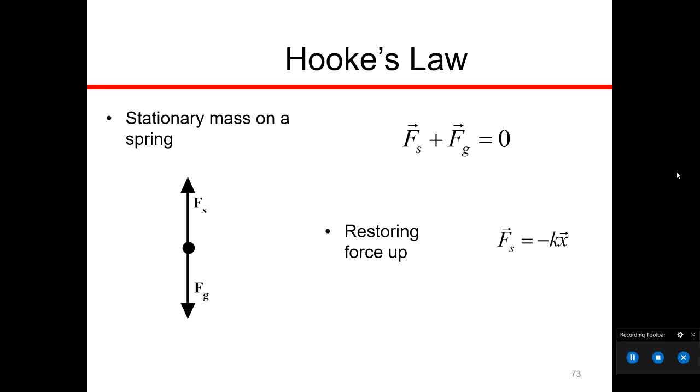The reason the negative sign is there is because if we pull the spring down, making our x negative, the spring force acts in the opposite direction. So the spring force pulls it back upward to its initial position. The negative is there to cancel out the sign of x, because x and Fs should have different signs. Force of gravity, as normal, is mass times gravity.